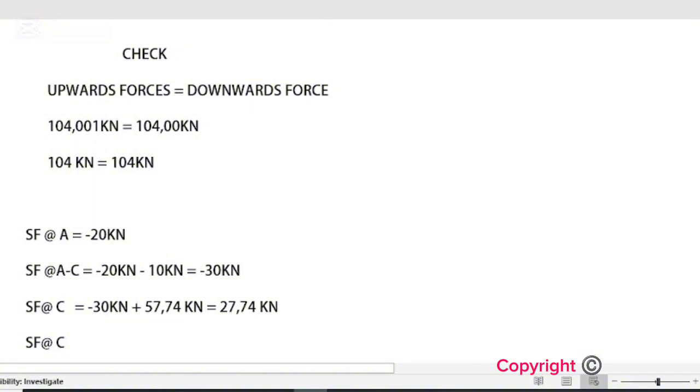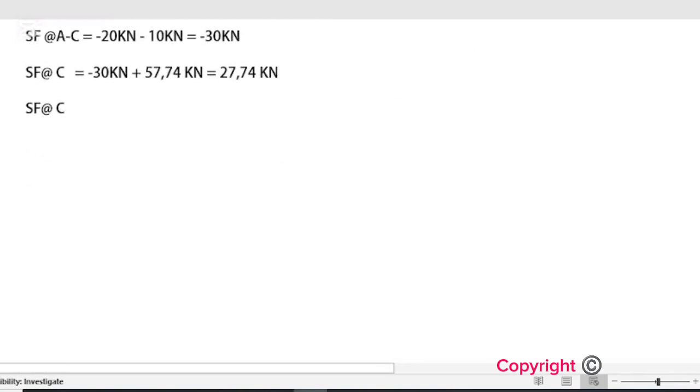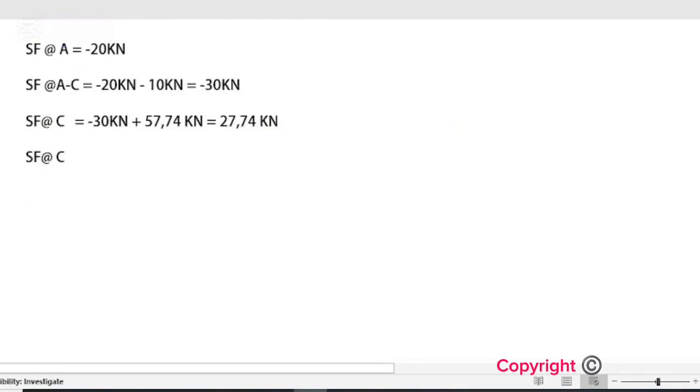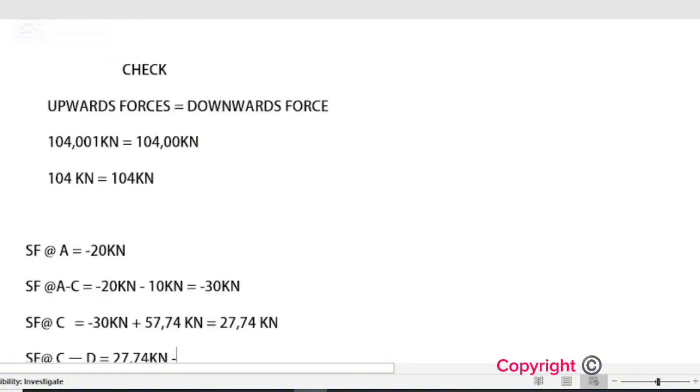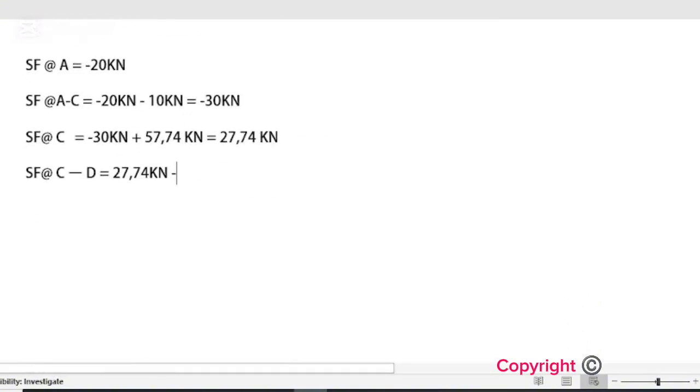Then let's go to shear force between C and D. Let me check. Yeah, between C and D. Shear force between C and D equals to the answer, which is 27.74 kilonewton, minus the force between C and D, which is 6 kilonewton.